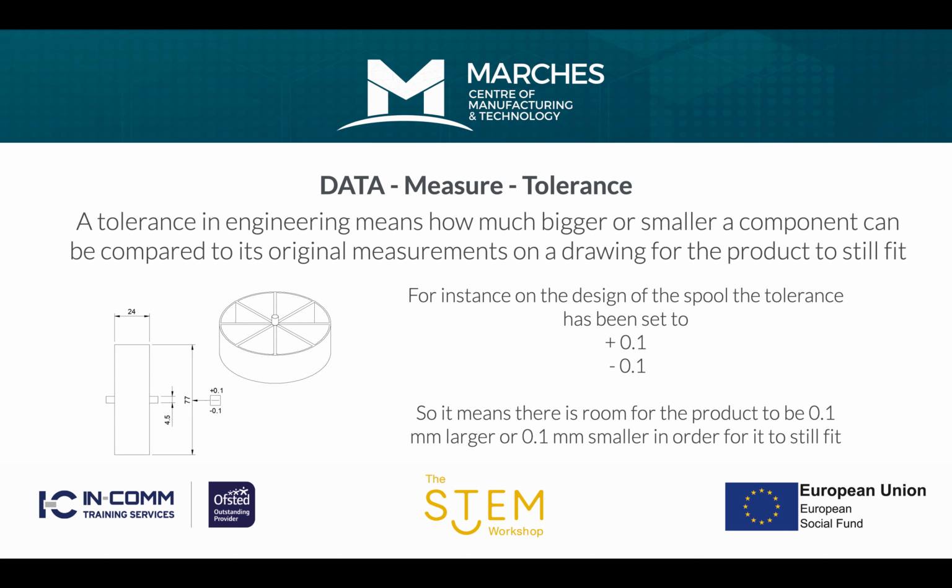But what the tolerance means is if my measurements are out by 0.1 millimetre, that spool will still fit into the tape dispenser. If it's less than 0.1, again, it will fit in. So that's the tolerance. If my tolerance was plus 1 millimetre, it may not work. The products might not fit if it's 1 millimetre too big. So a tolerance is the room for error.